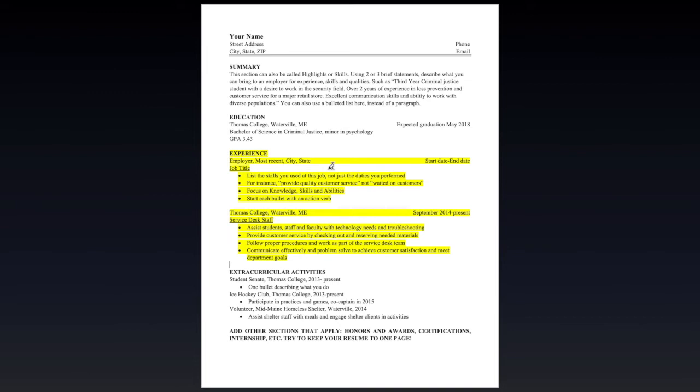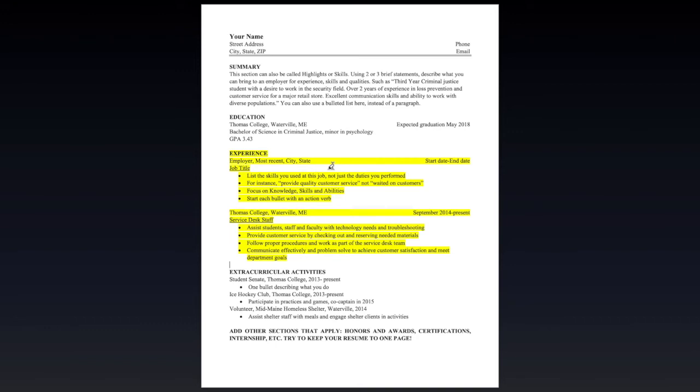If they want organization, well, you know what? You probably have demonstrated organization in food service, in retail. Think about how you might have done that. Maybe you found a more efficient way of processing orders.